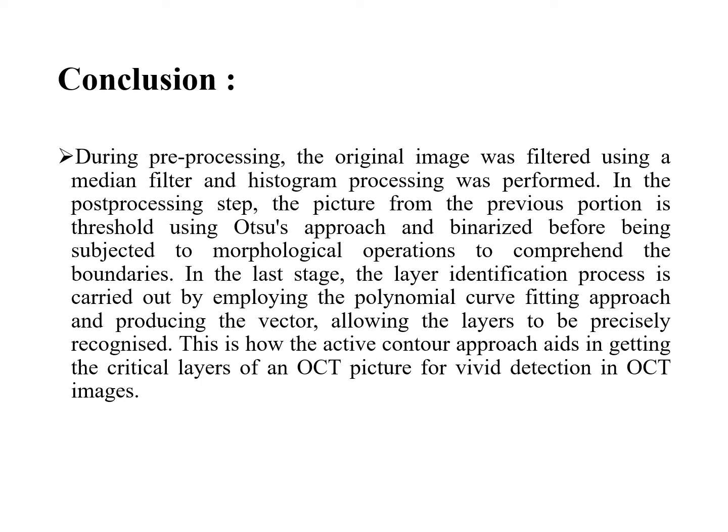This is how the active contour approach aids in getting the critical layers of an OCT picture for vivid detection in OCT images. It is also used to detect which layer has been affected.